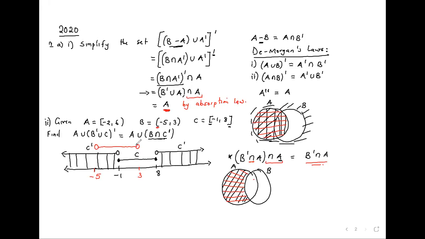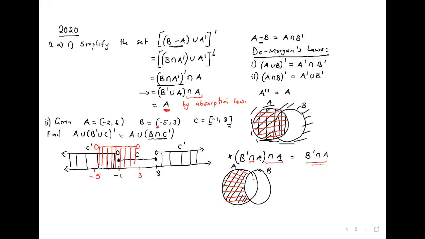Okay? You can shade B. This is B. The intersection is where you're going to have 2 lines. Where the black lines and the red lines meet, that is the intersection. This side of C complement here, we don't even have anything that is ready, so we can't be bothered about that section.